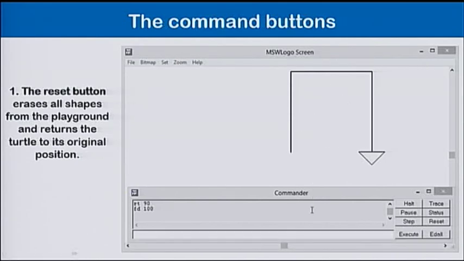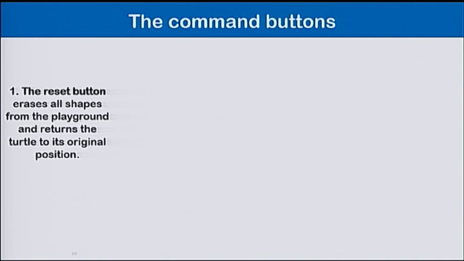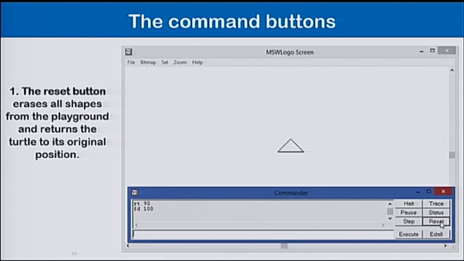Observe what happens when I click on the reset button. Yes, as you have surely guessed, the reset button is used to clear the screen. In other words, it erases all shapes from the playground. At the same time, the turtle will return to its original position.